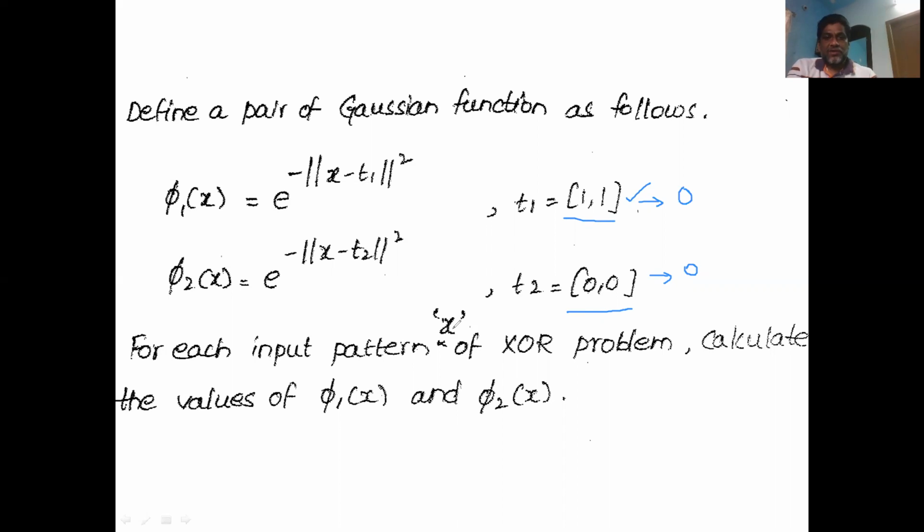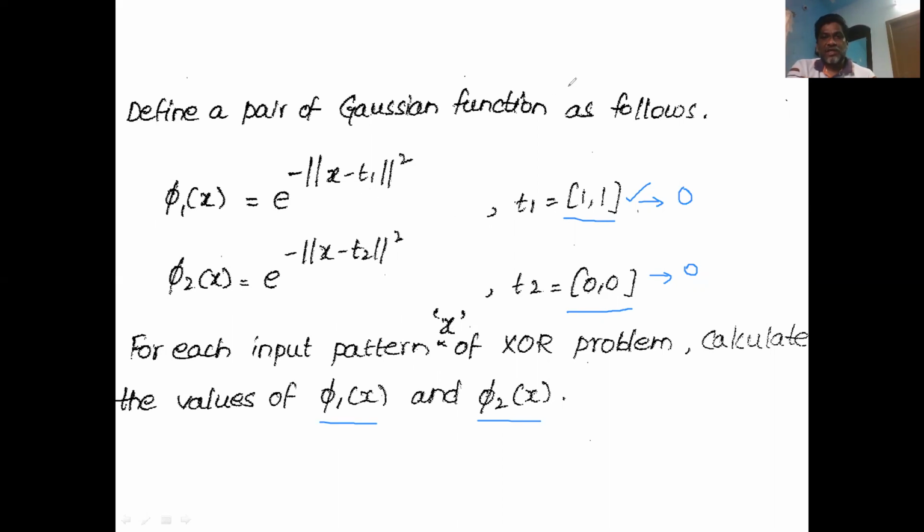Okay, right? So now, having defined these two Gaussian functions for the two classifications, phi1 of x and phi2 of x, for each input pattern x, which is in our definition, we need to calculate the new values of input space by applying phi1 of x and phi2 of x on the corresponding input patterns.